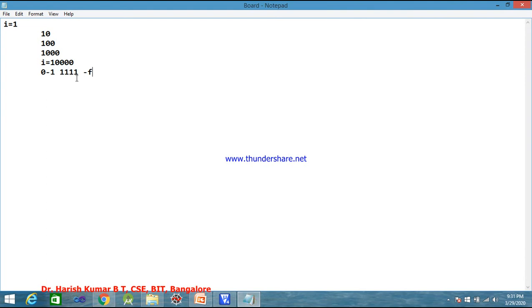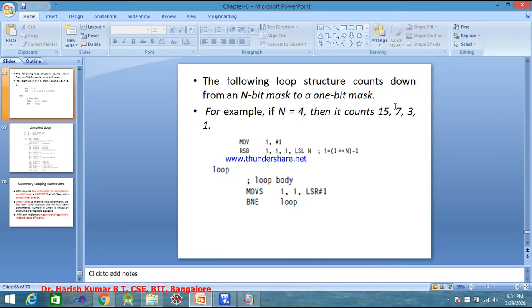When you shift right this 1 1 1 1 by 1 bit, you'll get 1 1 1 with a 0 added here to the left. That is nothing but 7.